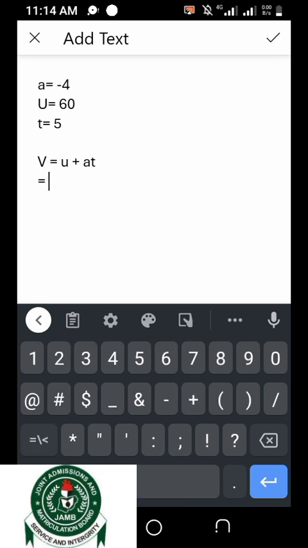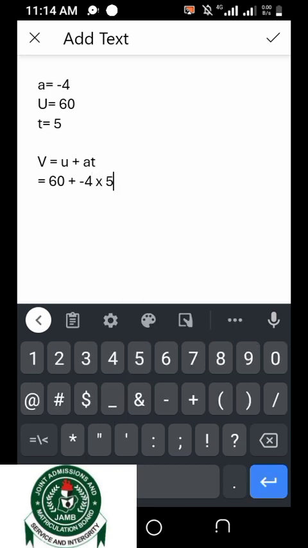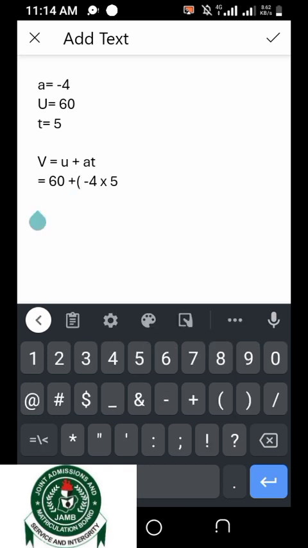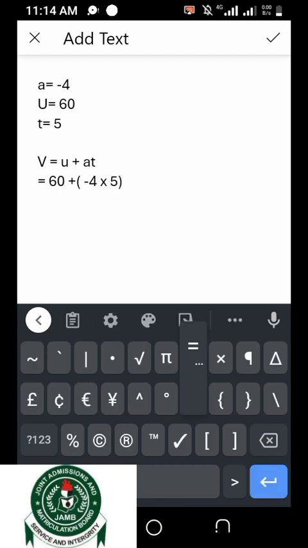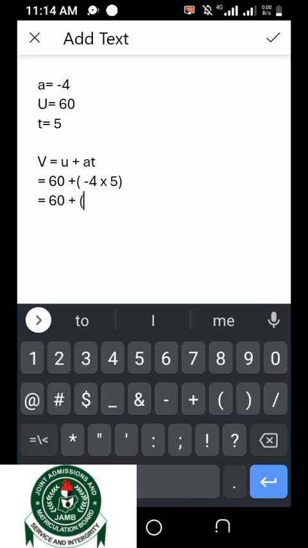U is 60. A is minus 4 times 5. So we can actually put brackets here, right? So yeah, we have 60 plus minus 20, right?